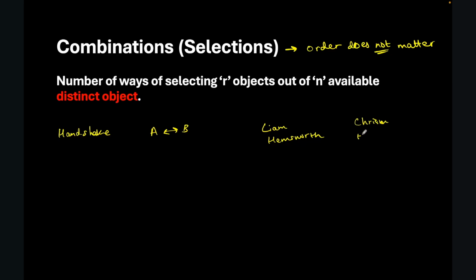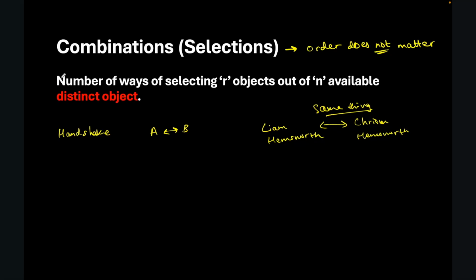Liam can say, "Oh, Chris is my brother," or "I'm Chris's brother." They mean the same thing. So in such situations where it doesn't matter how they're selected, that's when you go for combinations. I'm reiterating this so that when you face questions, you're not confused about whether it's a permutation question or a combination question.